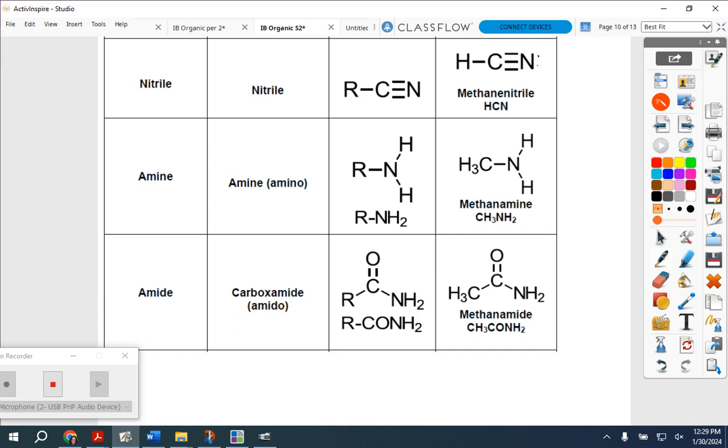Right, so some folks were asking questions in first period about how do you know who's going to make a bond, who has lone pairs, et cetera, without going through the whole Lewis structure process. Well, if you think about the Lewis diagram of the elements themselves, nitrogen has 5 valence electrons, so it has 3 spots to fill. It's going to make 3 bonds to fill those spots, and then it's going to have a lone pair.